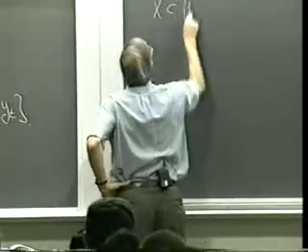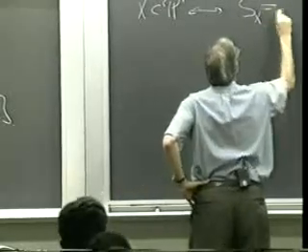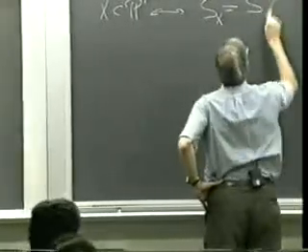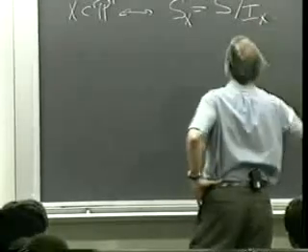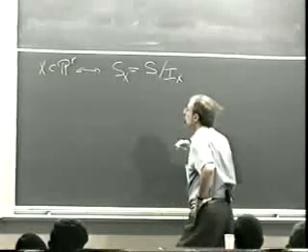So, in general, if we look at a variety, I'll think of a homogeneous coordinate ring. So x in P^R corresponds to Sx, which will be that polynomial ring there, mod the ideal of x. And these are, again, homogeneous.